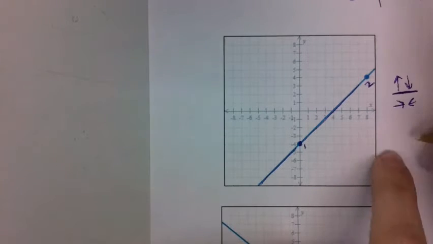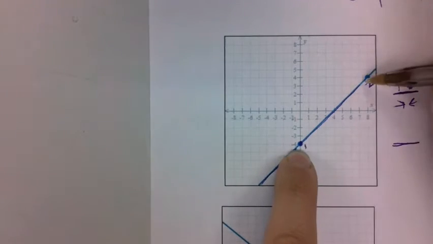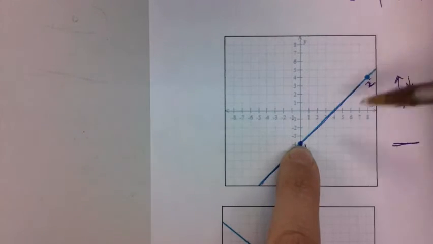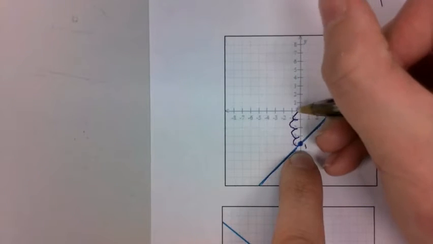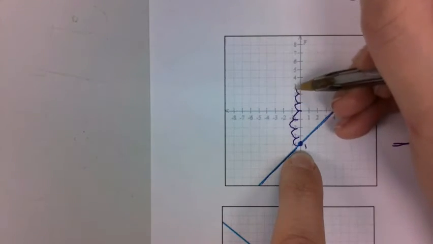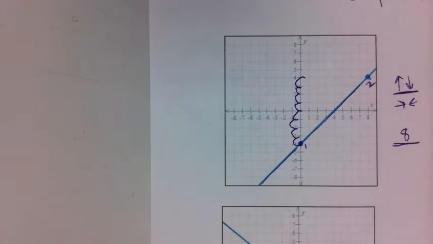So what I'm going to do is make my fraction bar, go to my point 1, and count to point 2. Now to get up to point 2, I have to count up. So I'm going to count spaces: 1, 2, 3, 4, 5, 6, 7, 8 spaces up. So I'm going to write 8 on top, and because it's up, it's a positive 8.